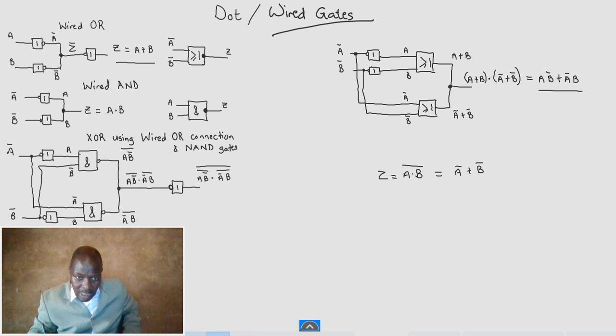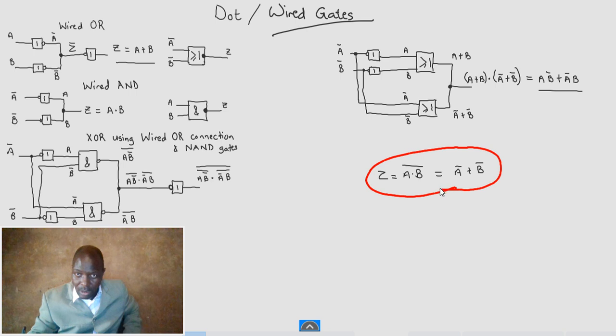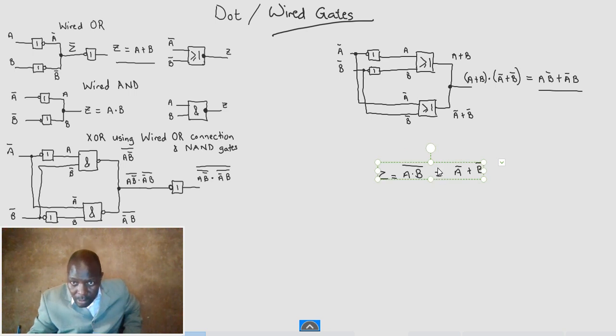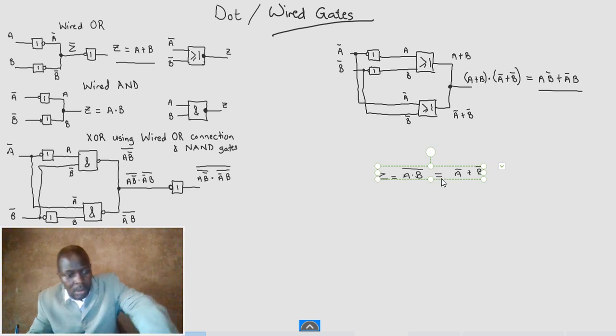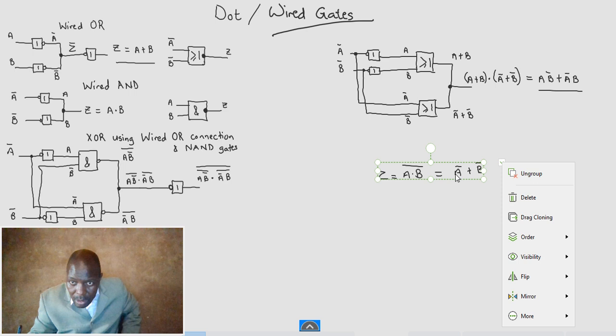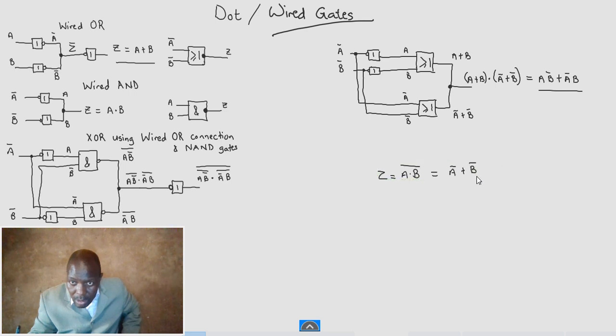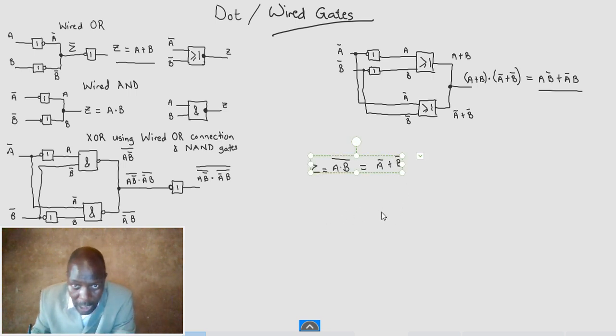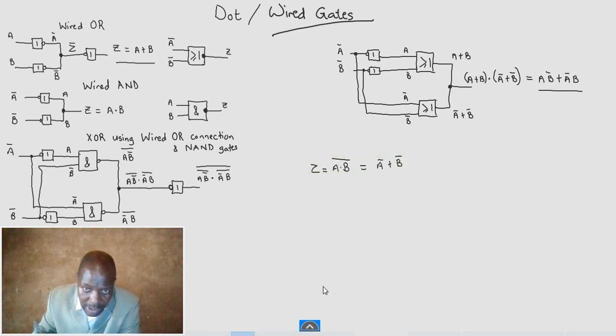Now, if I use this reasoning here, what can I do with this? I can have my OR gates.